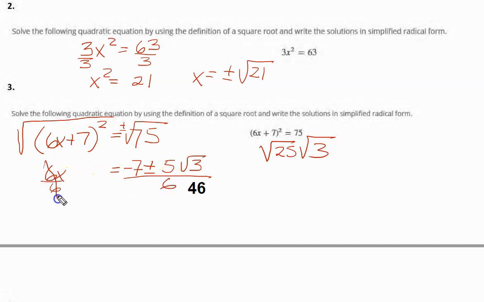And here the 6's cancel out, become a 1. X equals this. And we did it by using the square root method. And we simplified the radical form here by teasing it apart from an earlier lesson.